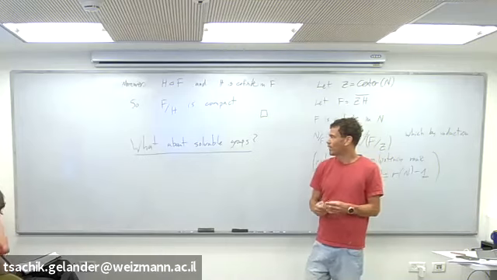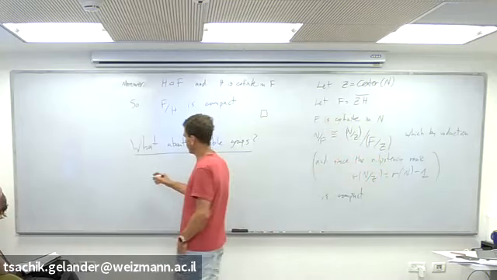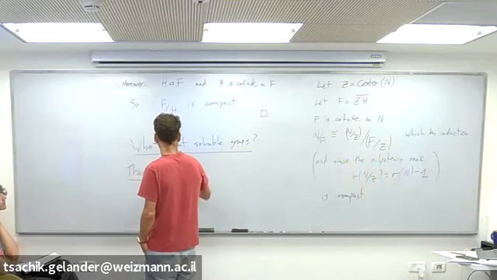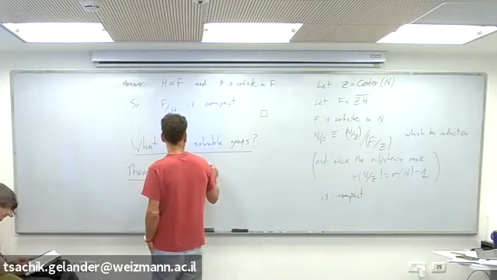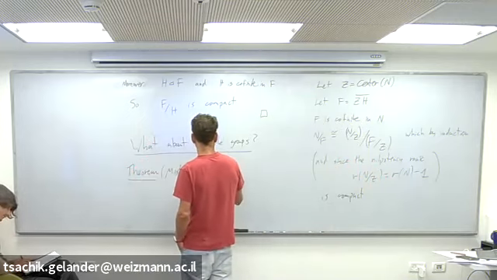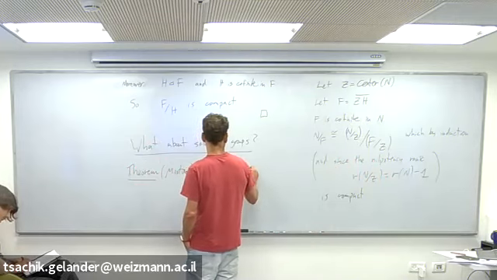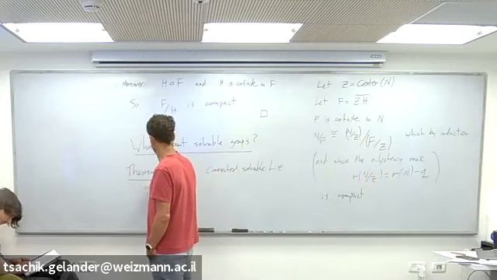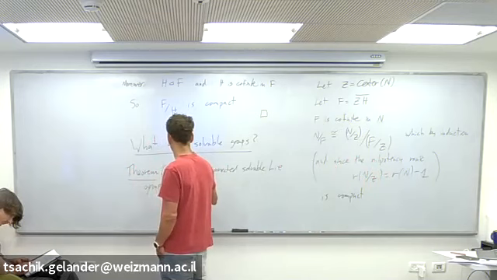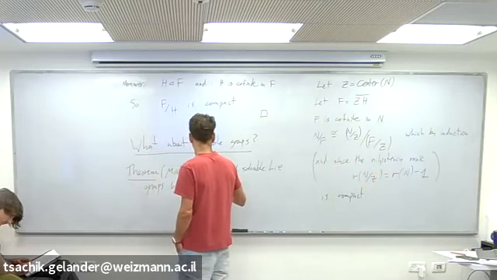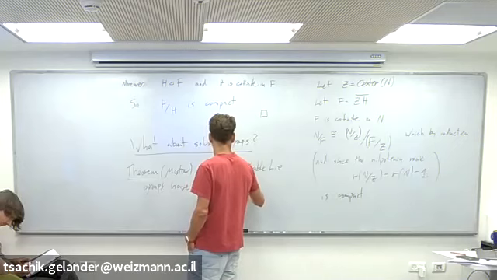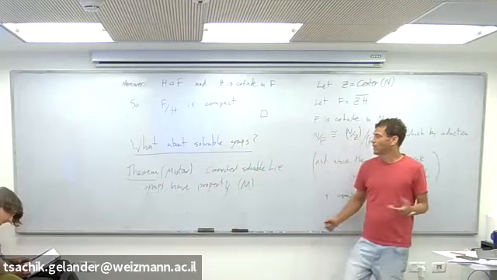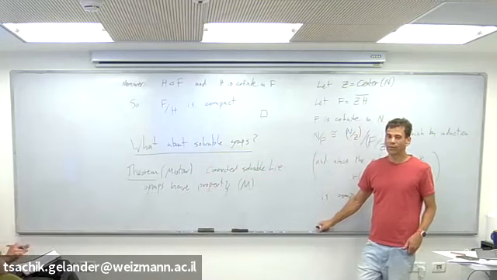So there is a theorem of Mostow. Solvable Lie groups have property M. So in a solvable Lie group, every lattice is co-compact, or every cofinite subgroup is co-compact.